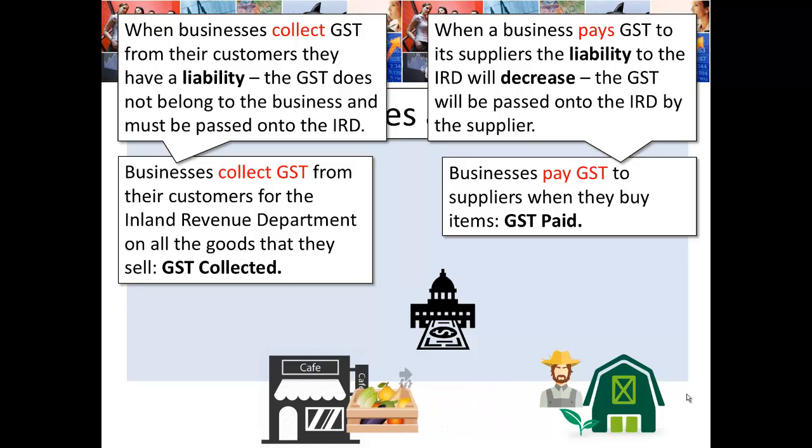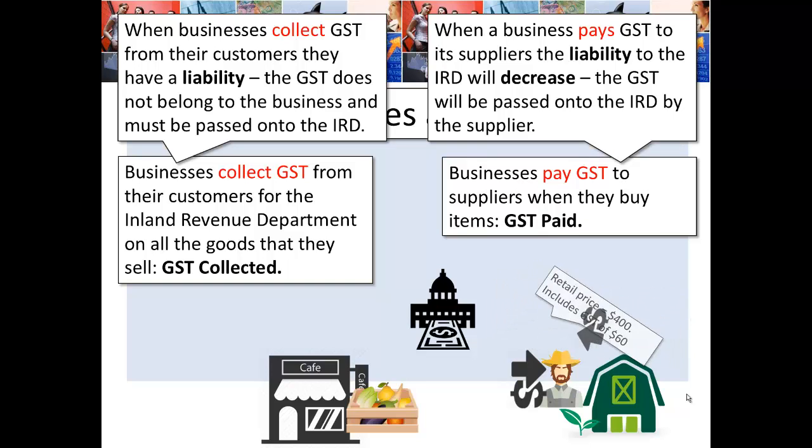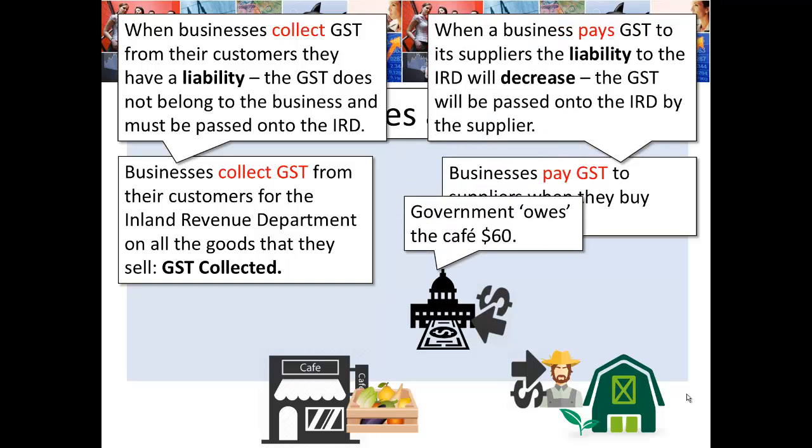So fruit and vegetables bought by the cafe, retail price equals $400, and that's going to include a GST component of $60. And the supplier is going to pay that GST to the government.